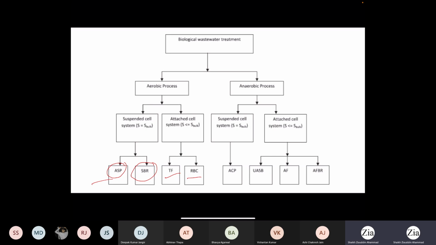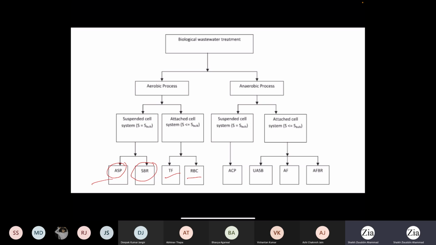It is a type of moving bed bioreactor. And then you have anaerobic filter. It is again similar to trickling filter, but in trickling filter you maintain aerobic condition, whereas in anaerobic filter you use anaerobic environment. And then also you have anaerobic fluidized bed reactor.